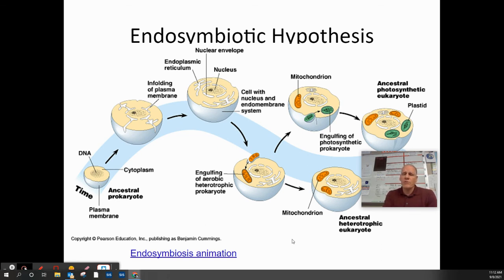There's other pieces of evidence, the type of proteins they make, and the ribosomes of chloroplasts and mitochondria are much more similar or almost identical to the ribosomes you see in bacterial cells, which are different than the ribosomes we see in eukaryotic cells.